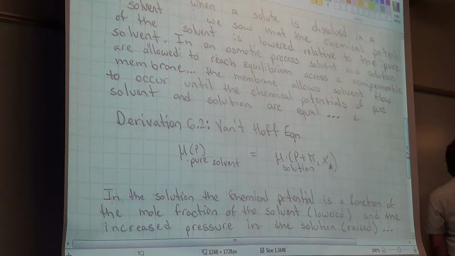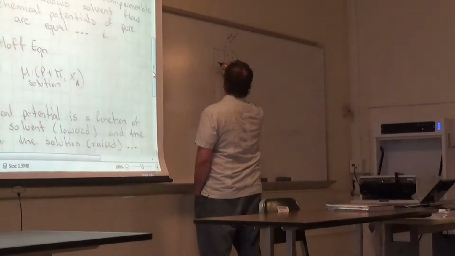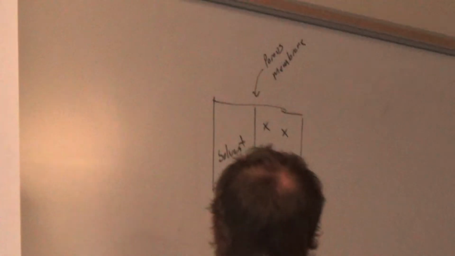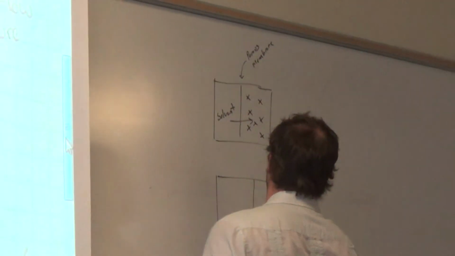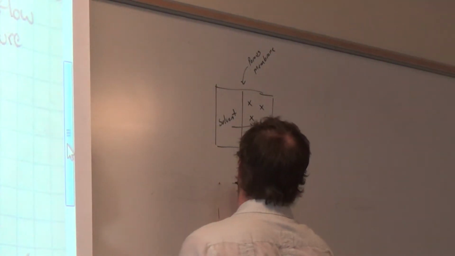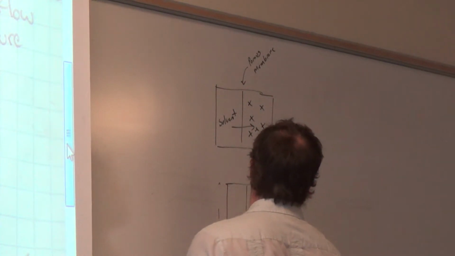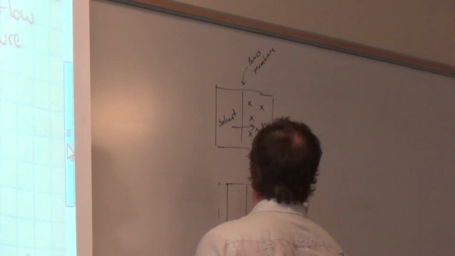If this membrane is not permeable to the solute species, but it is permeable to the solvent, you'll get a net transfer of solvent into the solution. And what will happen is that the volume of this compartment will decrease and the pressure in this compartment increases.